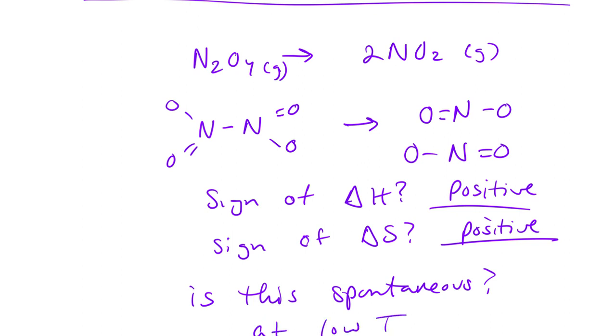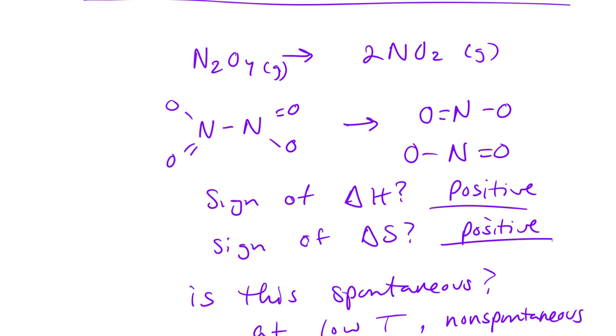At low temperatures, is it spontaneous? We have positive and positive. No, it's non-spontaneous. You might have to memorize this table or be able to reproduce it with your equation, however you want to do it. Probably better to be able to reproduce it. So at high temperatures, it's going to be spontaneous.